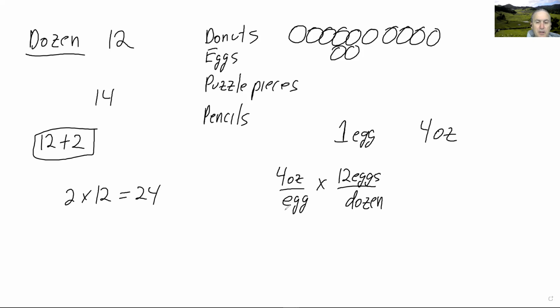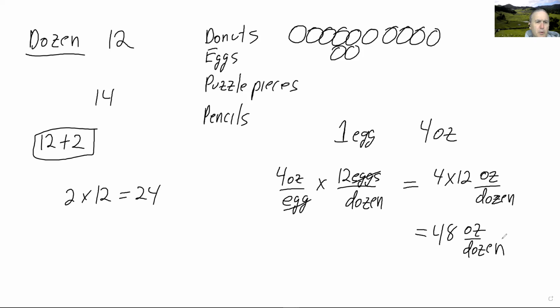And what's going to happen here is egg is going to cancel. Then I just multiply and I get 4 times 12. The units on that are ounces per dozen. And so this is just 48 ounces per dozen. And that's how you work with a dozen.